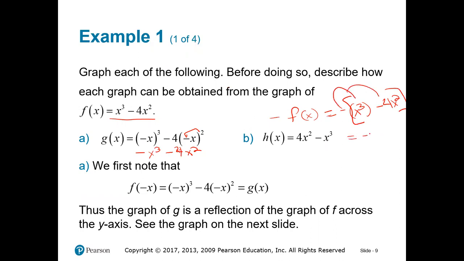So now we get negative x cubed plus 4x squared, and they just rewrote it in that format. Now we see that f of negative x is equal to g of x. So what do we get? We end up with negative x cubed minus 4x squared.